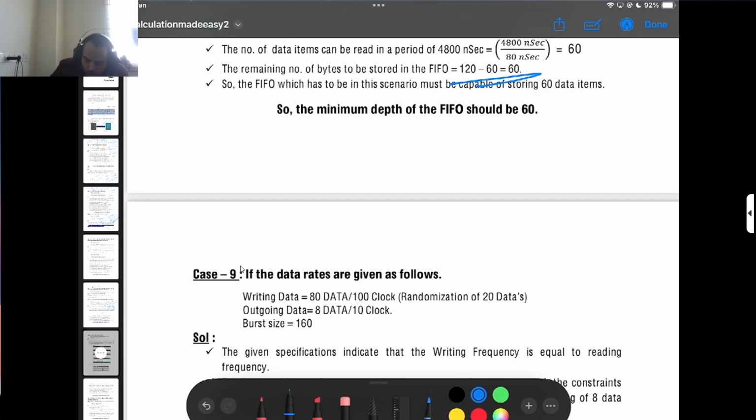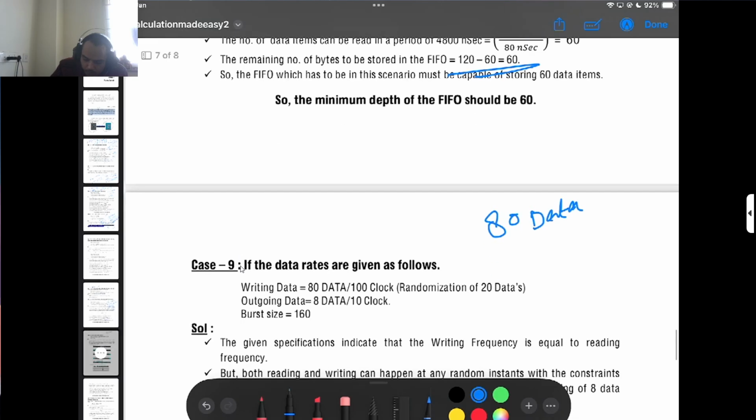Okay, so here in total 80 data in 100 clock cycles. In 100 clock cycles, 80 data will be written, but the outgoing data, meaning the receiving end, like in module B, the outgoing data is 8 per 10 clock.